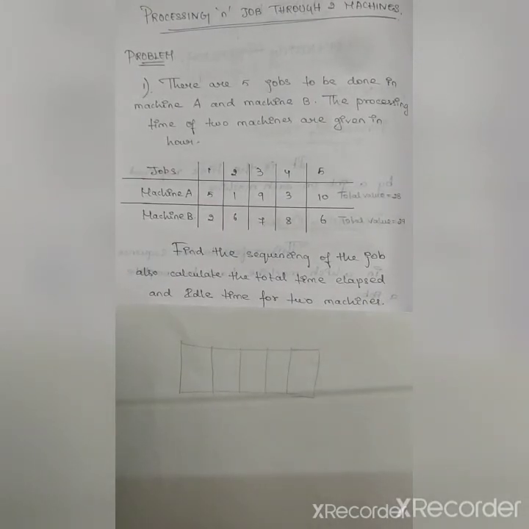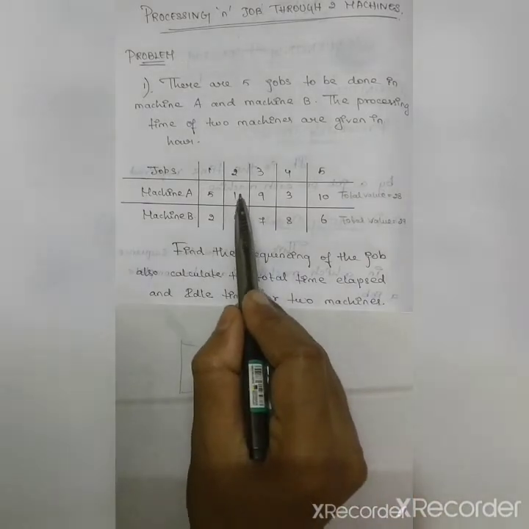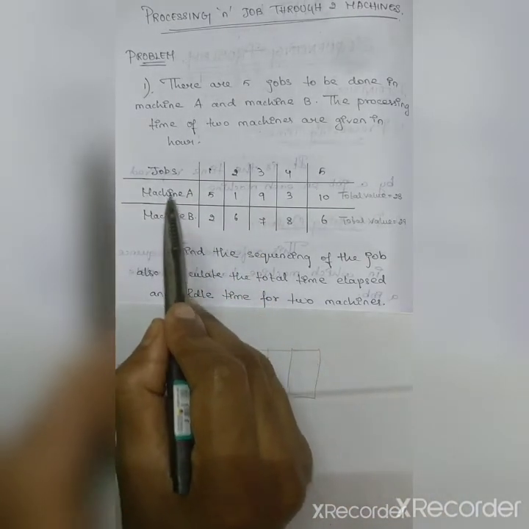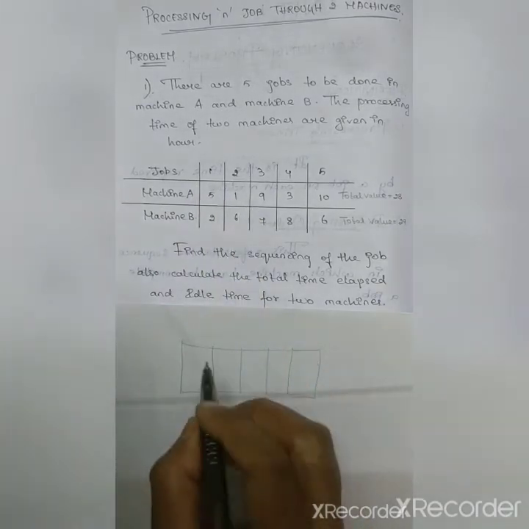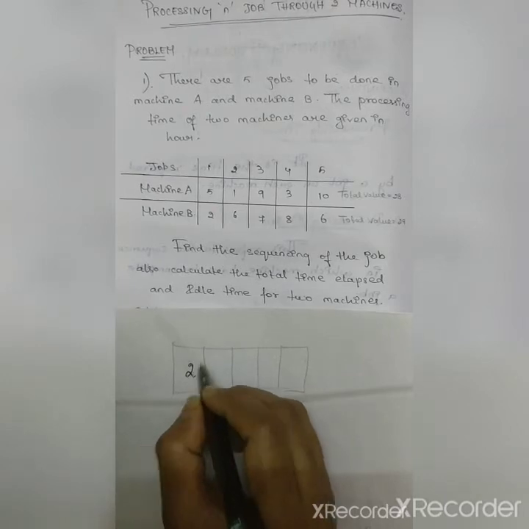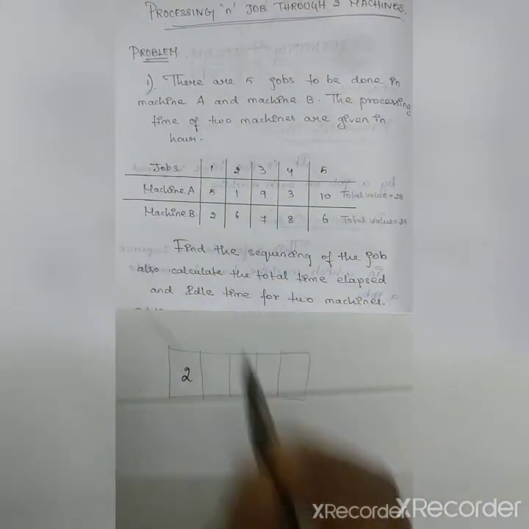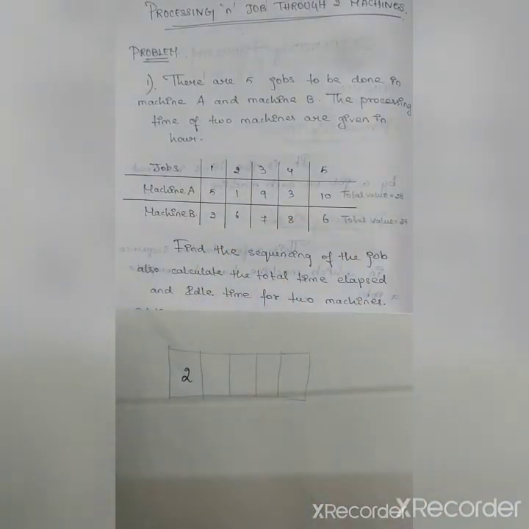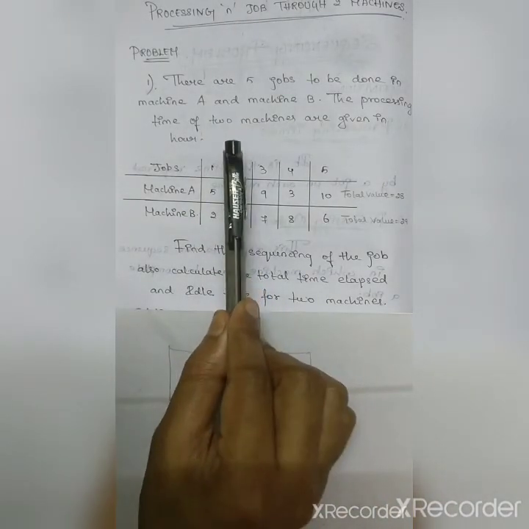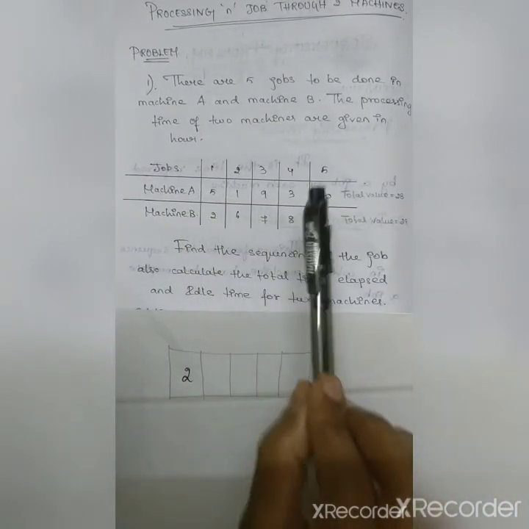The first least processing time is 1, which belongs to machine A. So job 2 is written on the left side of the box. Then you cancel that job so it is clear. Next, job 2 is already assigned, so we come to jobs 1, 3, 4, 5.